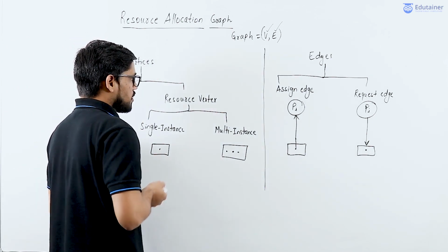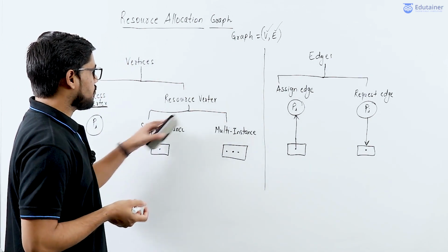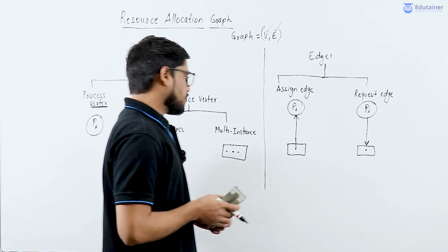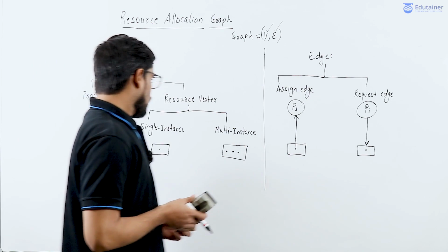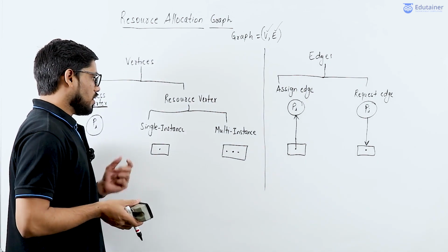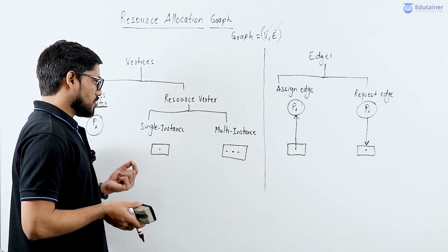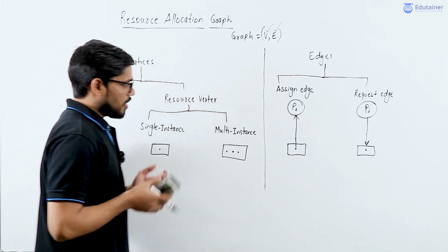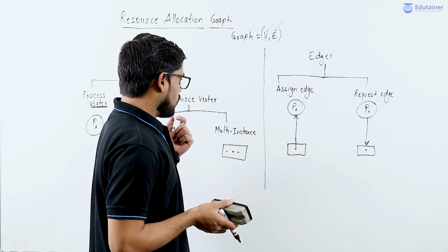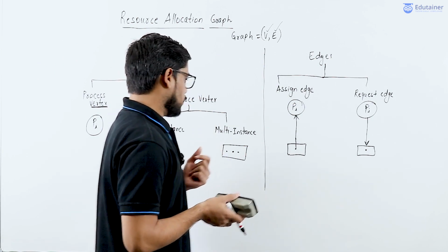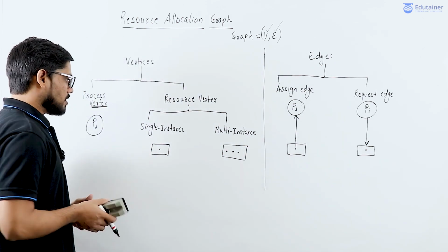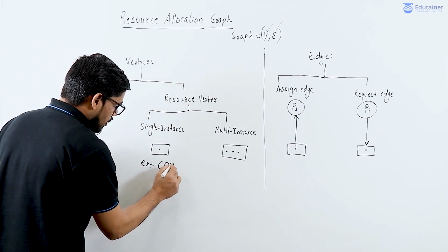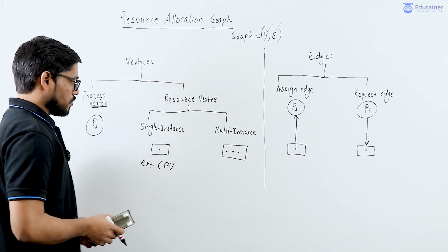Coming to the resource vertex, resources are generally classified into two categories: single instance resources and multi-instance resources. Single instance means only a single instance is available for that particular resource, and multi-instance means more than one instance is available. For example, the CPU is generally considered a single instance resource.